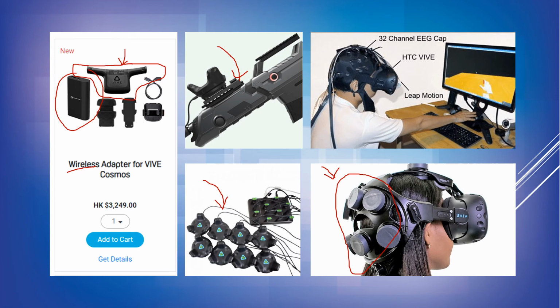HTC Vive is also good because it is compatible with different kinds of devices, so we can combine it with Leap Motion. We can forget about the controller and use their hands in the VR application. So this is their hand, and we combine the Leap Motion together. If you are interested, on our Facebook or YouTube channel we have demos for the elderly, because it is hard for the elderly to learn the controller, and now they can use their hands to choose all the options.